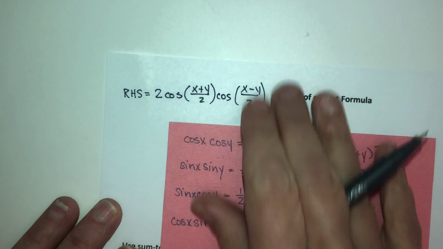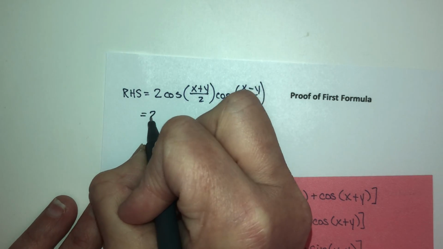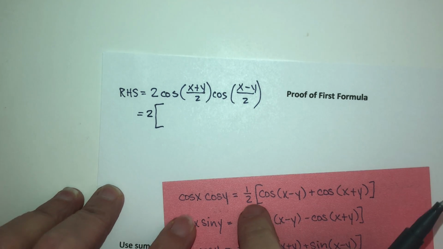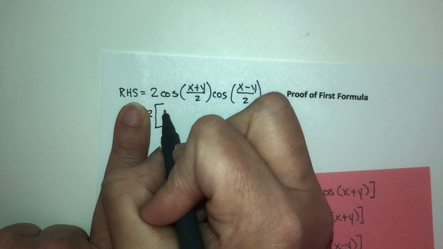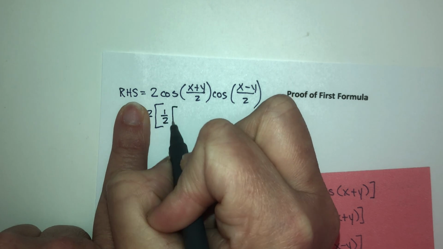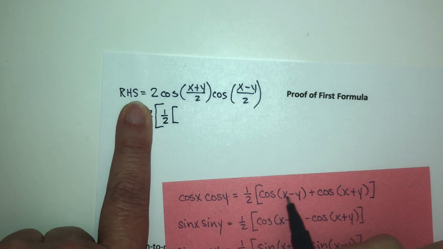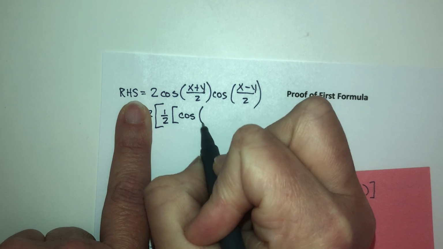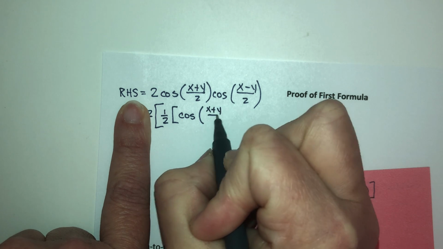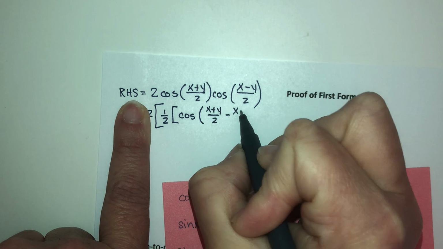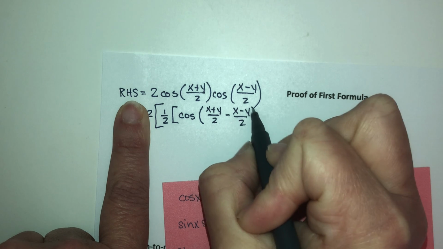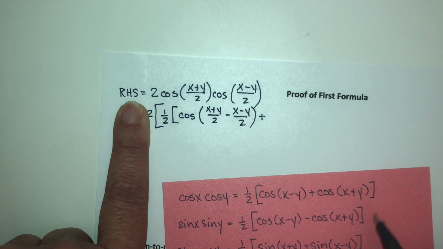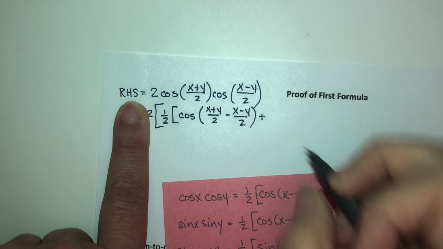So this is equal to 2 times 1/2 times cosine of your 2 angles subtracted, so (x plus y) over 2 minus (x minus y) over 2, plus cosine of the 2 angles added together.